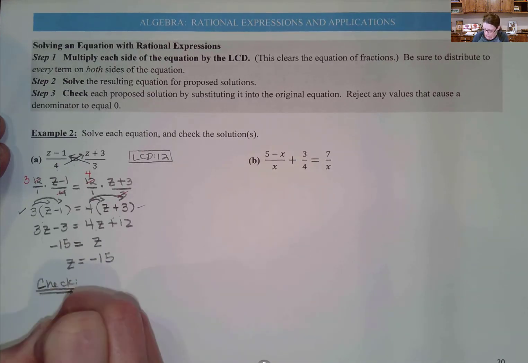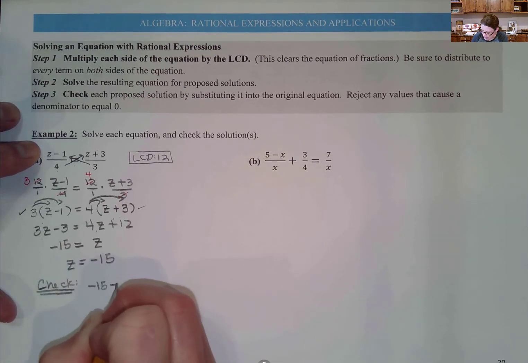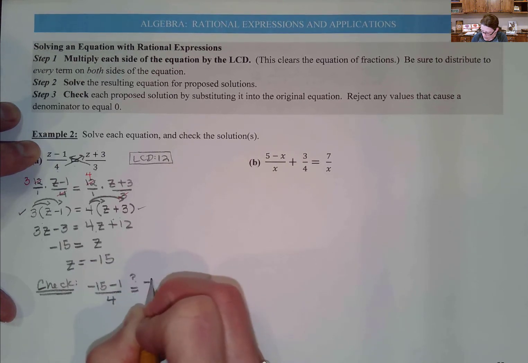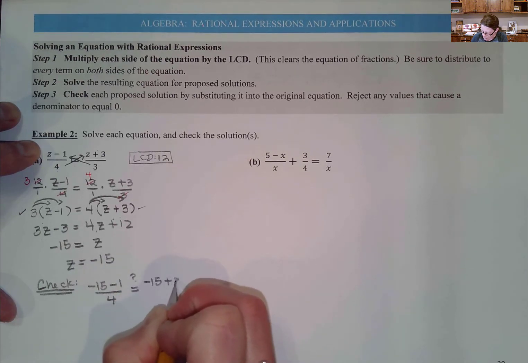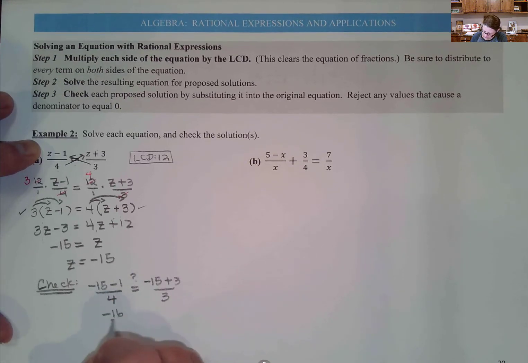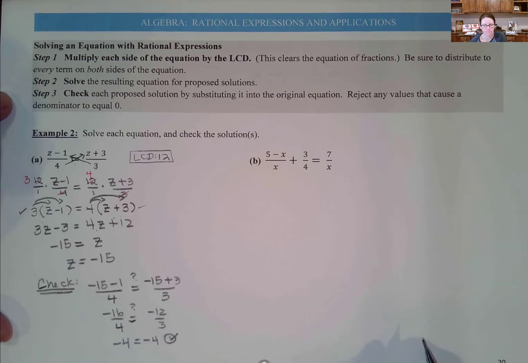Make sure you go in your original equation. Negative 15 minus 1 over 4, is that equal to negative 15 plus 3 over 3? Is negative 16 fourths equal to negative 12 thirds? Yes, negative 4 is equal to negative 4, and this checks out fine.